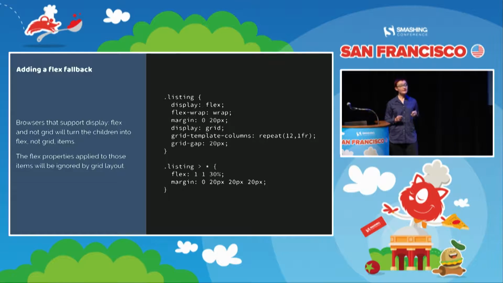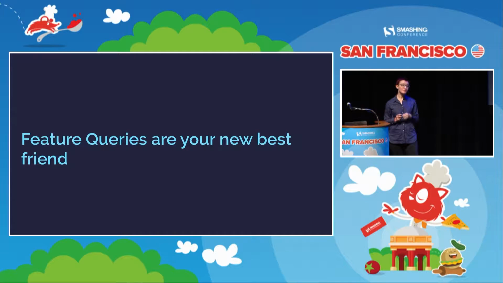One thing I will need to do is remove that margin I've applied for flex items, because once I've got a gap, I don't want that margin there. And this is where something else which is defined in the spec comes in, a new specification, feature queries. Feature queries allow you to detect whether the browser says it has support for a feature. It's a bit like Modernizr baked into CSS, baked into the browser.